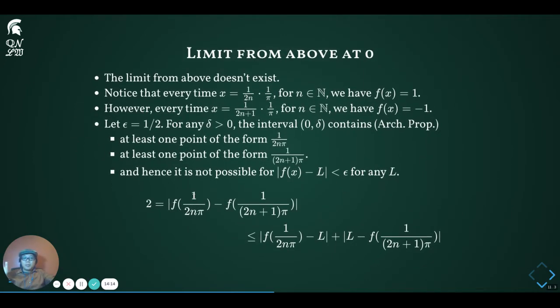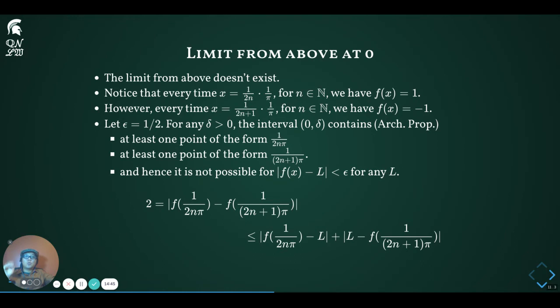Let's make this idea precise by looking at what happens when we take the limit of f at 0 from above. What we will use is the fact that we know where the crests and the troughs are. When x is equal to 1 over pi times 1 over 2n, where n is a natural number, then 1 over x is equal to 2n pi, and f of x being cosine of 2n pi is equal to 1.